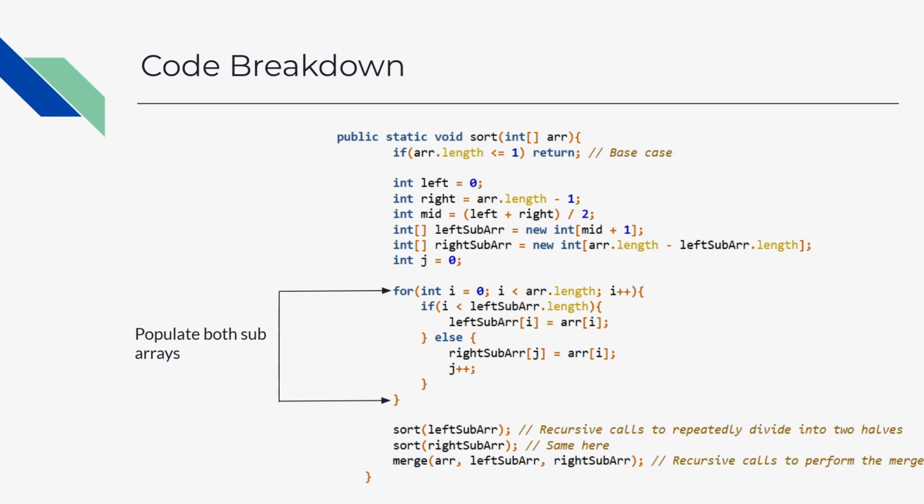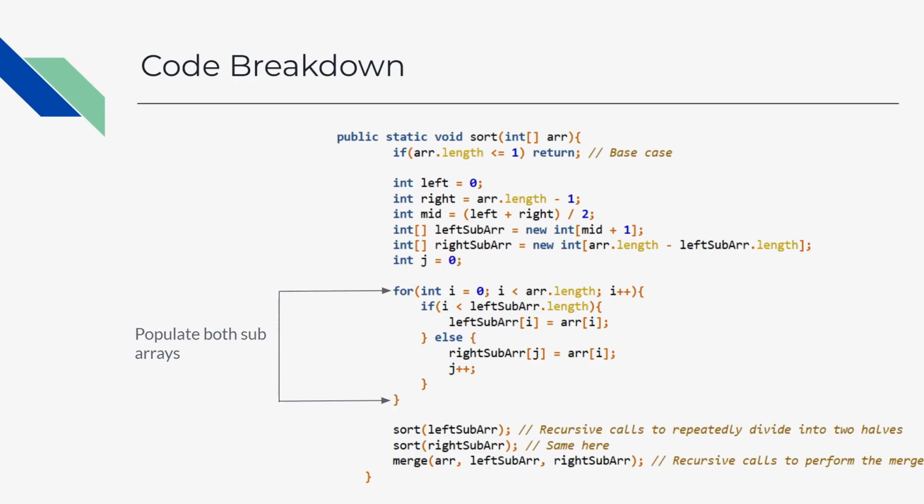Inside the loop, there is a condition that checks if there are still elements that need to be added to our left subarray. If there are, we will add them to the left subarray. If our left subarray is already full, we will continue on to add the elements onto the right subarray.